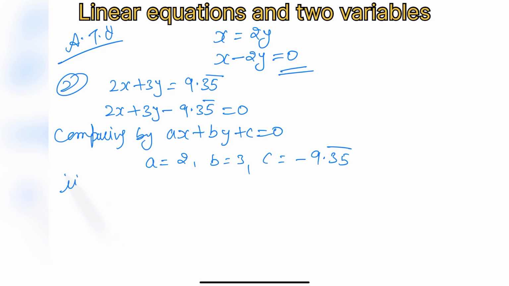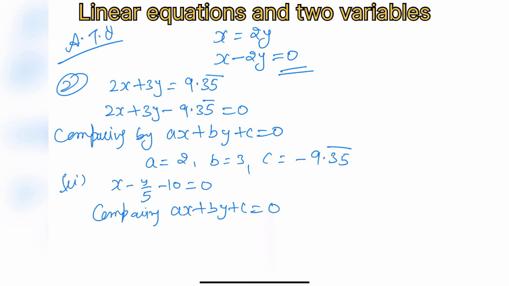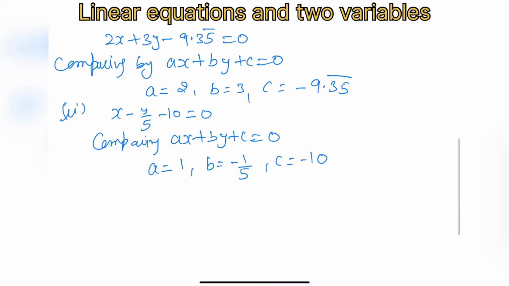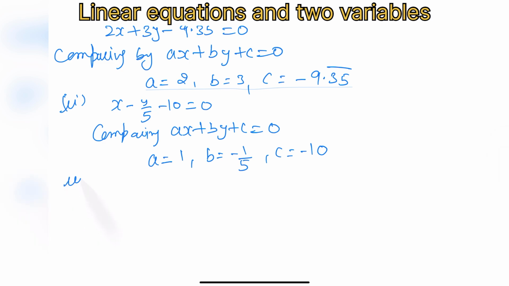For the second part, we have x minus y by 5 minus 10 is equal to 0. So again compare this equation with the standard equation ax plus by plus c is equal to 0. So here we get a is equal to 1, b is equal to minus 1 by 5 and c is equal to minus 10.